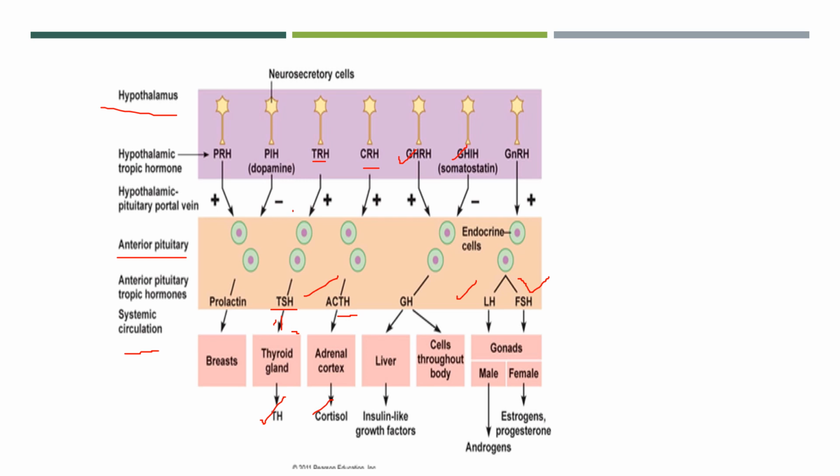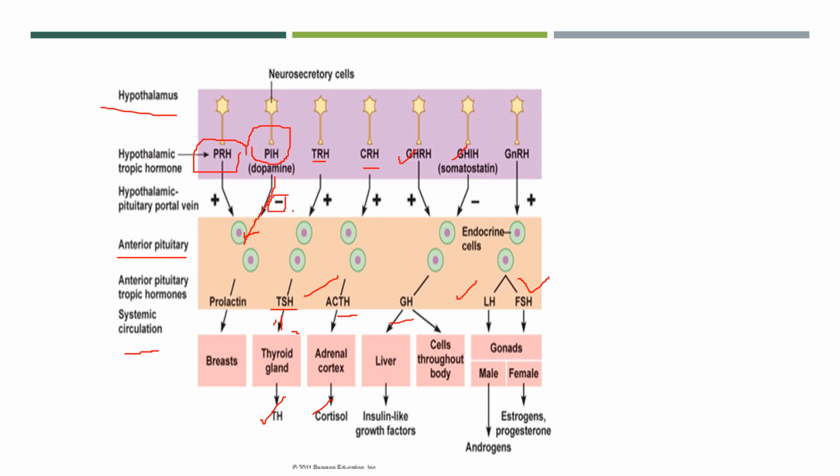This will stimulate the somatotrophs to release the growth hormone, which will act in the peripheral target tissue and do its function. But most interestingly, there will be release of one factor, that is the dopamine from the hypothalamus. This dopamine will act on the lactotrophs and it is inhibitory to the secretion of prolactin.